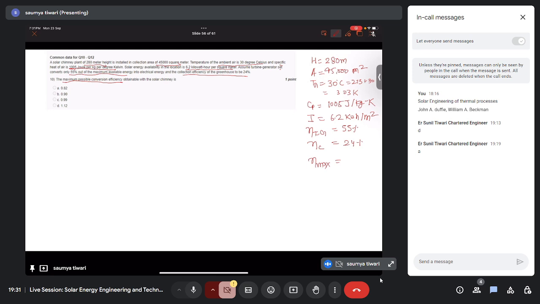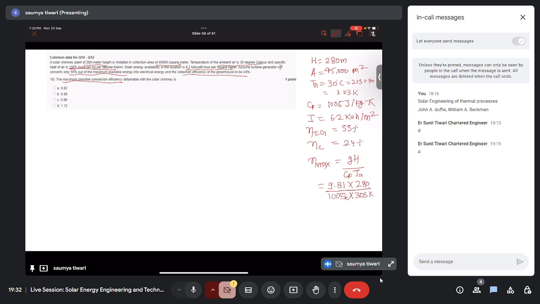So for maximum conversion efficiency, we know the formula, it's g into H upon CP into the temperature of the ambient, right? So it will be 9.81, height is 280, CP value is 1005 joule per kg per Kelvin, and the ambient temperature is 303 Kelvin, right?